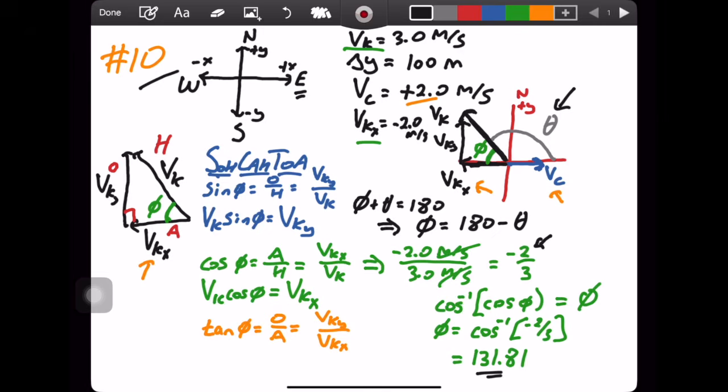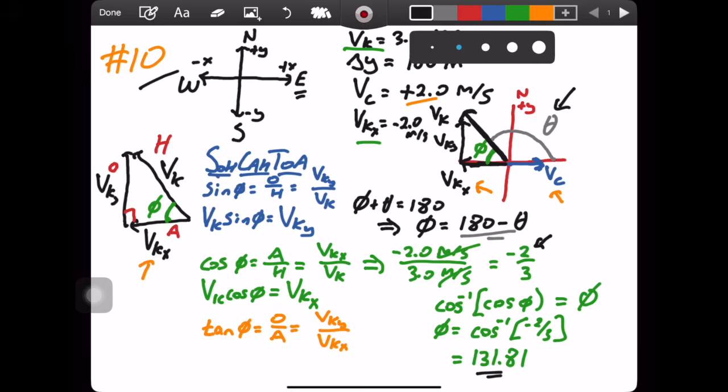And so I just have to be careful here. If I get a number that doesn't make sense with how I set up the problem, I have to look at the problem and think, okay, well, how did I define things? How did I define my angles? And that 131.81 clearly is not phi. It's theta. But you can define phi as I showed you, 180 minus theta.